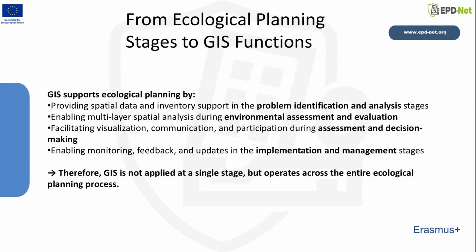In ecological planning, GIS functions as more than a technical mapping tool. It acts as an analytical and decision support framework that adds value at every stage of the planning process. By revealing spatial relationships between natural systems and human activities, GIS helps planners identify constraints, opportunities, and conflicts within the landscape.